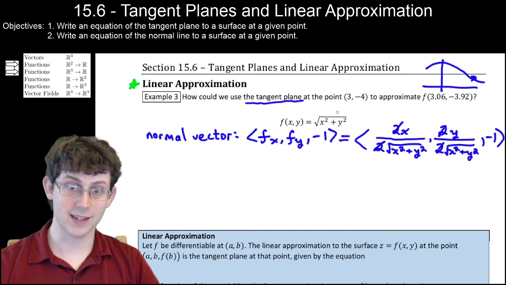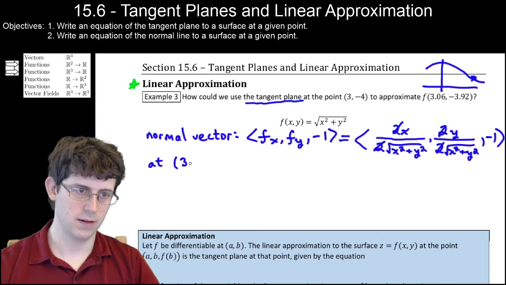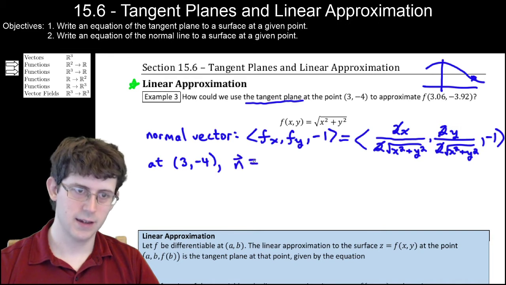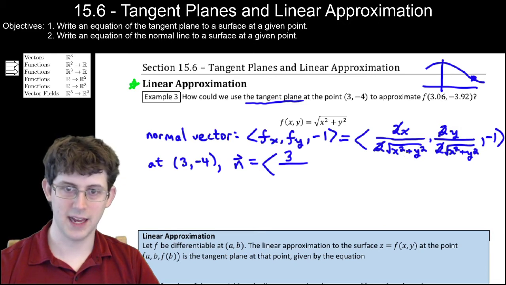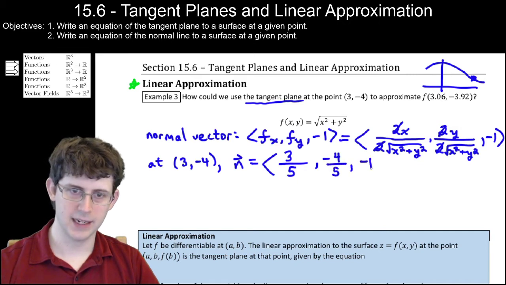And we actually have a point, (3, -4). I'll call this normal vector n and plug in (3, -4). So I'll get 3 over the square root of 9 plus 16. So I get 3/5, -4/5, -1.